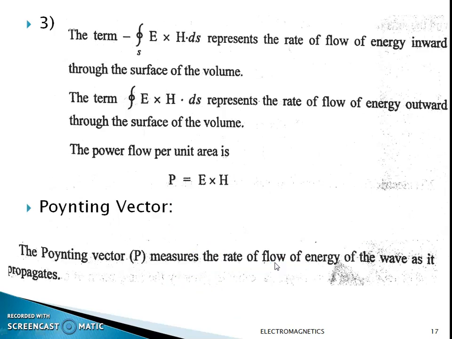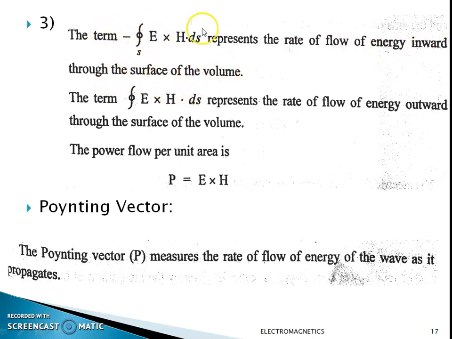Here mu by 2 H square is the magnetic energy density and epsilon by 2 E square is the electric energy density. And the third term, minus surface integral E cross H ds, represents the rate of flow of energy inward through the surface of the volume.